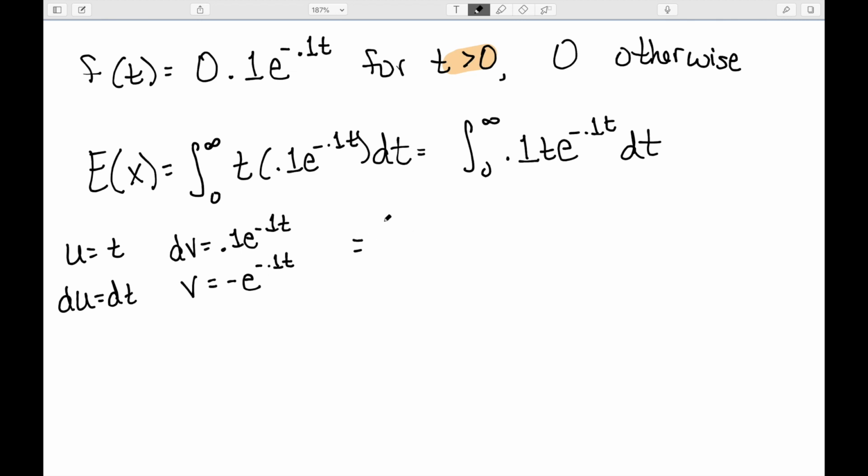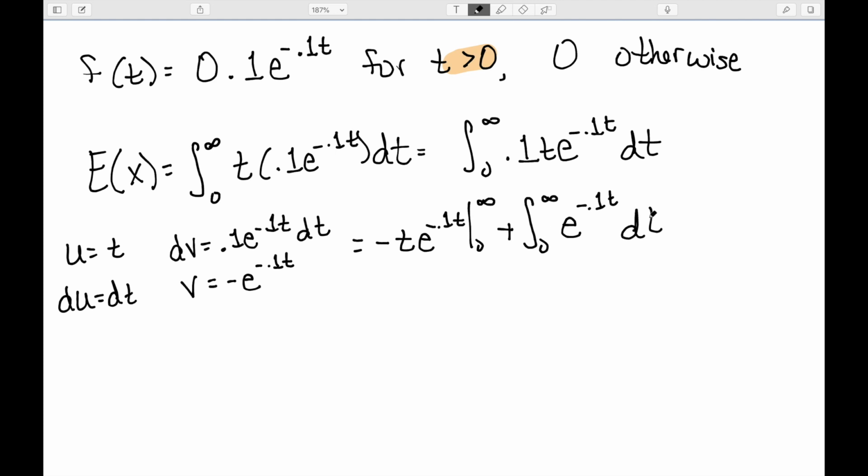So when I integrate this, I have u times v, so negative t e to the negative 0.1 t, taken between 0 and infinity, minus the integral from 0 to infinity of v du. So negative e to the negative 0.1 t is going to make this positive, dt.